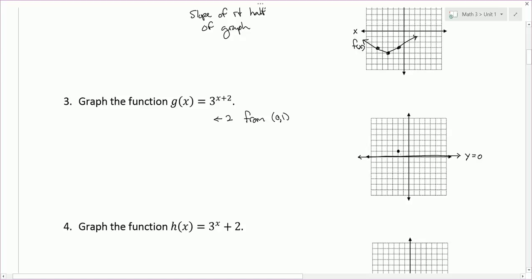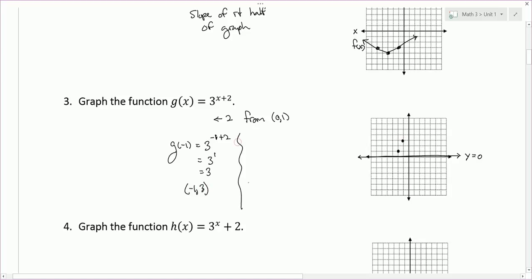If I plug in, let's say, negative 1, which is 1 point right of negative 2, because we have the value at negative 2, so I'm just going one value to the right, we end up with 3 to the power of 1, which is 3. So when x is negative 1, y is 3, I could plot that point.